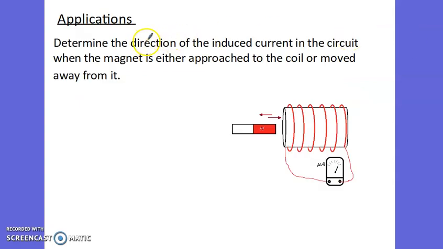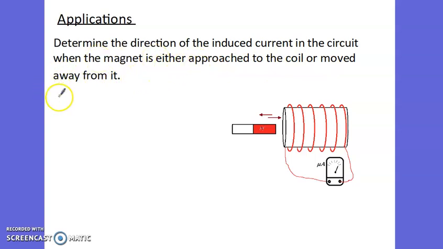Remember experiment 1? When we approach the bar magnet into a coil, the galvanometer detects the passage of an electric current. Let's find the direction of this induced current by applying Lenz's law. So here, determine the direction of the induced current in the circuit when the magnet is either approached to the coil or moved away from it.